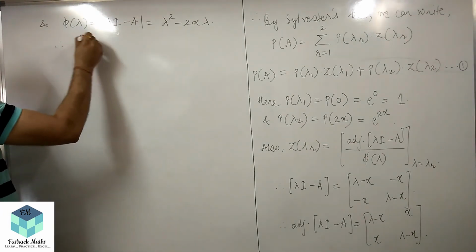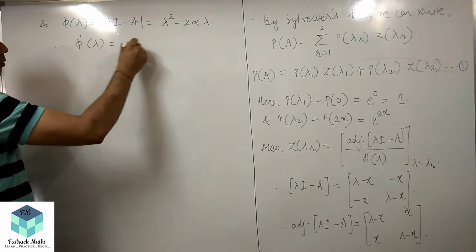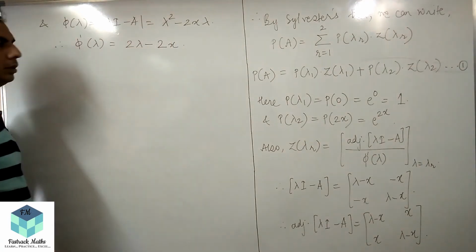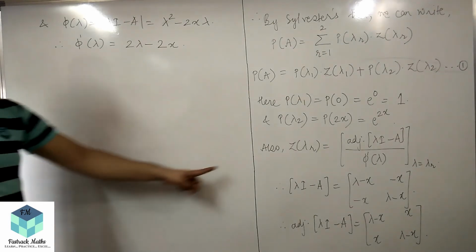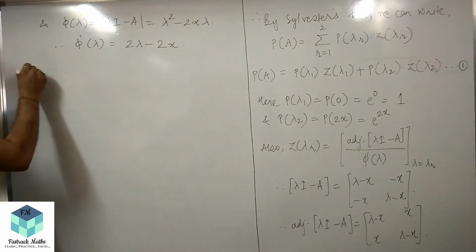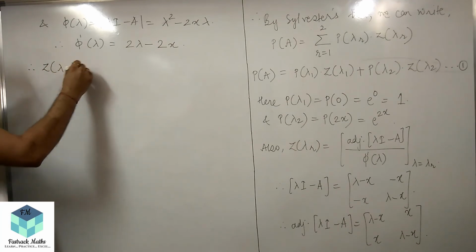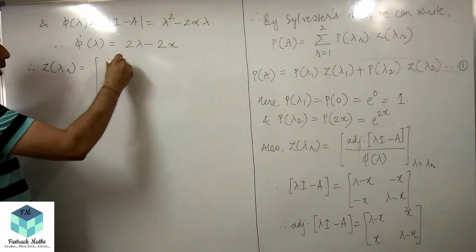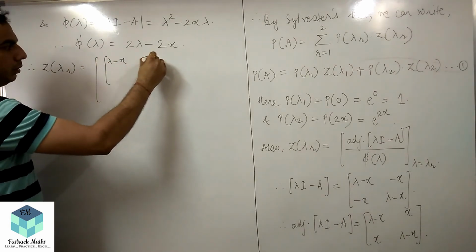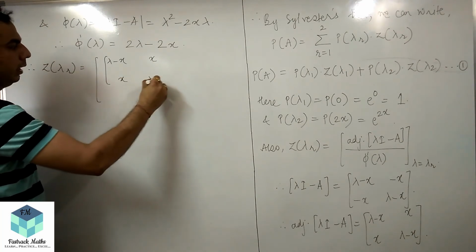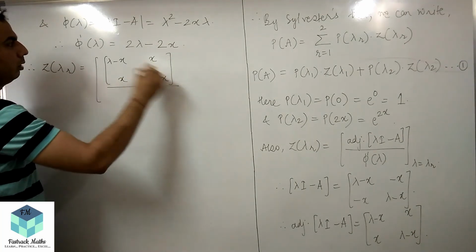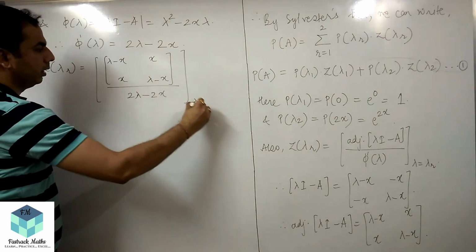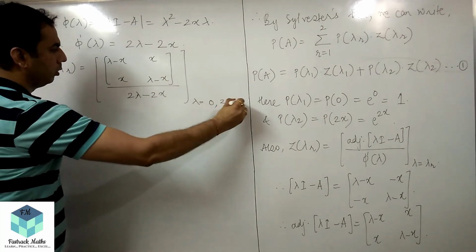Therefore phi dash of lambda will become 2 lambda minus 2x. After this we can obtain the value of Z of lambda r. Therefore Z of lambda r is equal to adjoint of lambda I minus A, [lambda minus x, x; x, lambda minus x], upon 2 lambda minus 2x at lambda is equal to 0 and 2x.